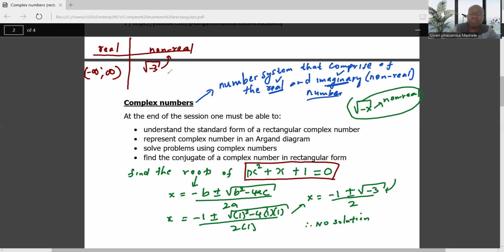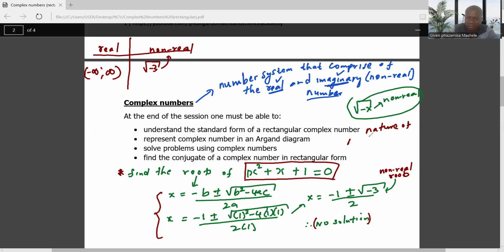So if we were in grade 12 or a lower grade, we'll say there will be no solution, because this is a non-real root. Remember, another way, if we do not want to solve this algebraically, we can use the nature of roots to know more about the discriminant.